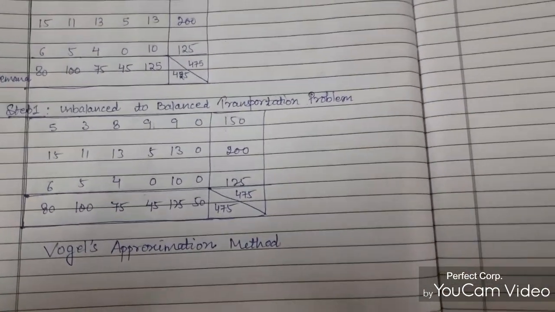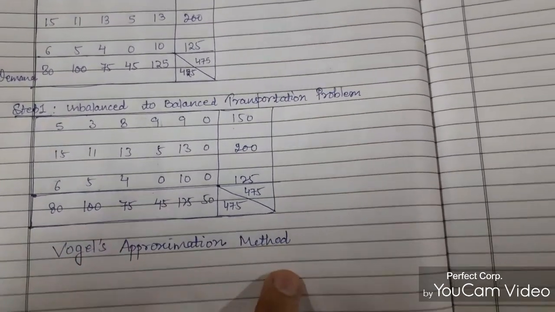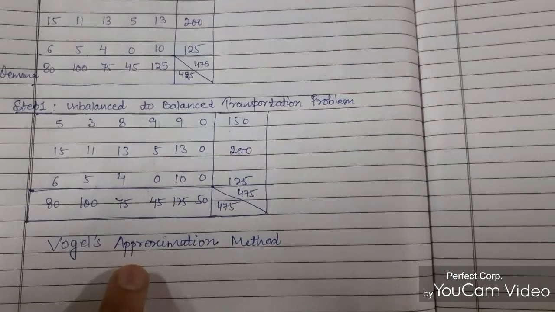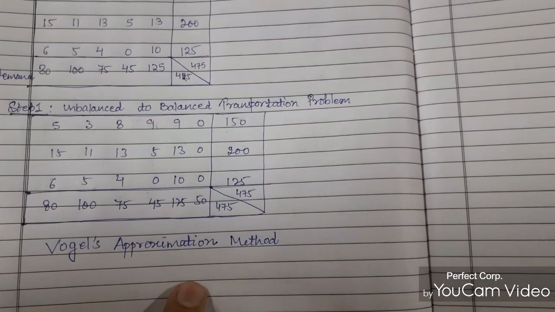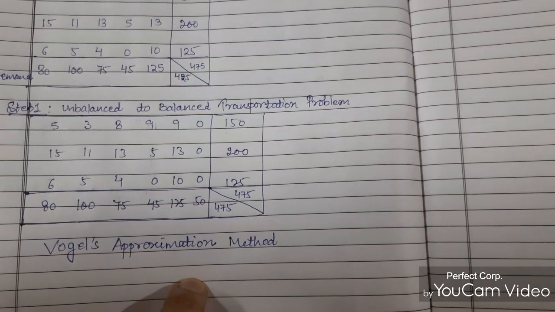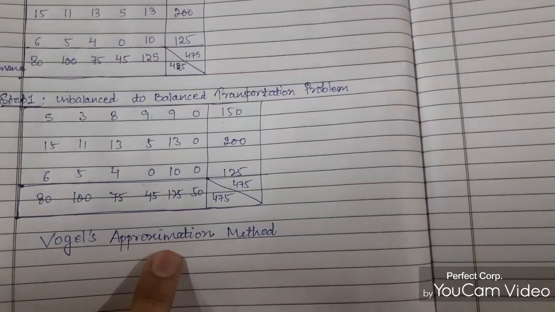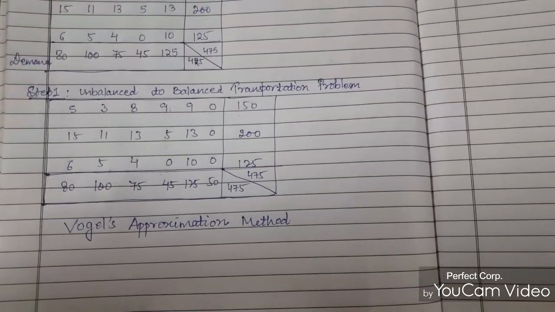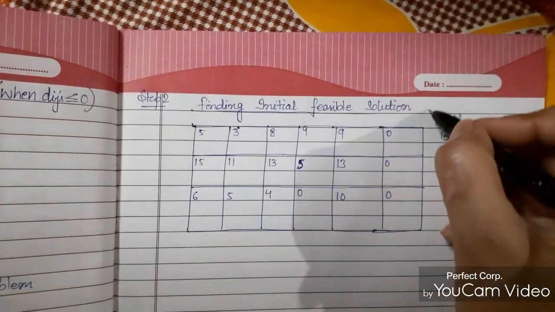So let's start solving the transportation problem's initial feasible solution using Vogel's approximation method. I'm writing the allocations directly here, as I've already taught you how to use Vogel's approximation method. By applying VAM we will get the following allocations.